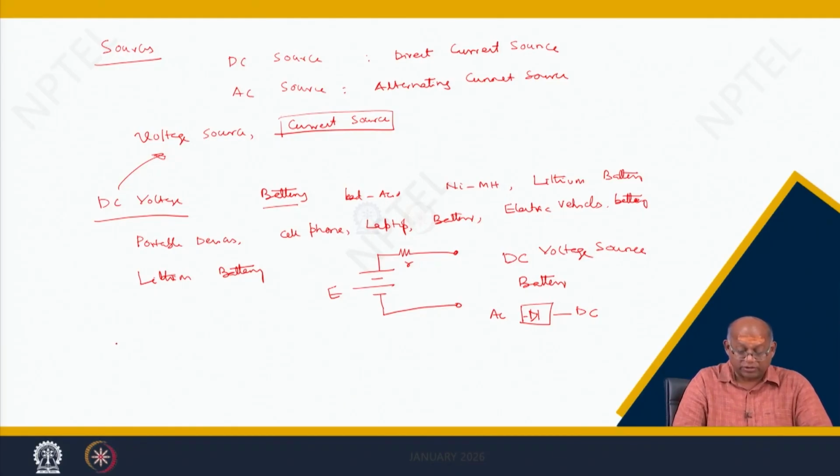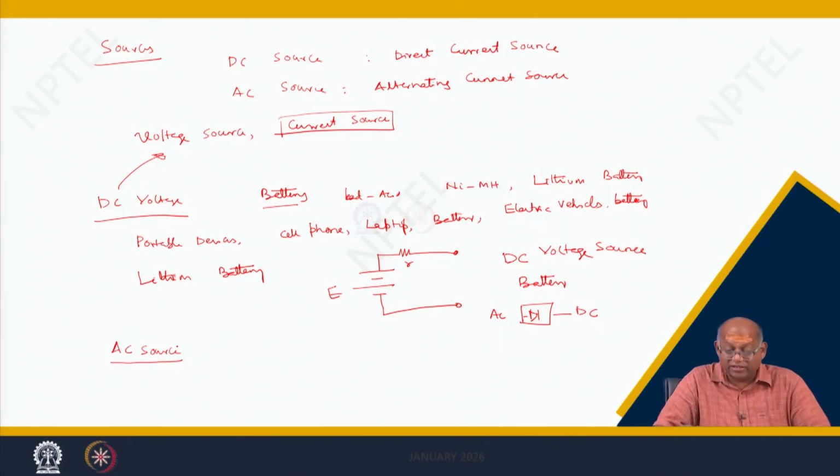Now, go to AC source. You can have AC generation. Suppose you have a magnetic field like this, north and south. In this magnetic field, if you rotate a coil like this, it will go past the north pole and south pole.